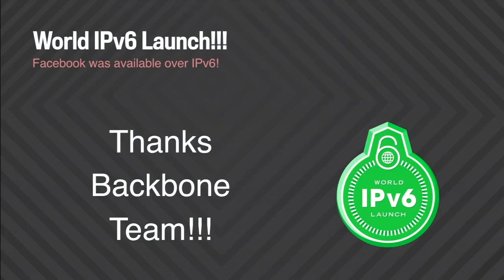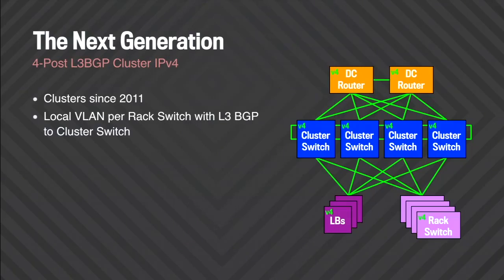But it made us think, what was the next step? We knew we couldn't do it layer 2. How did we go about it? Well, at this point in time, early 2011, we were trying to figure out what the next generation was. And for us, that next generation was a somewhat iterative step. L3 BGP.